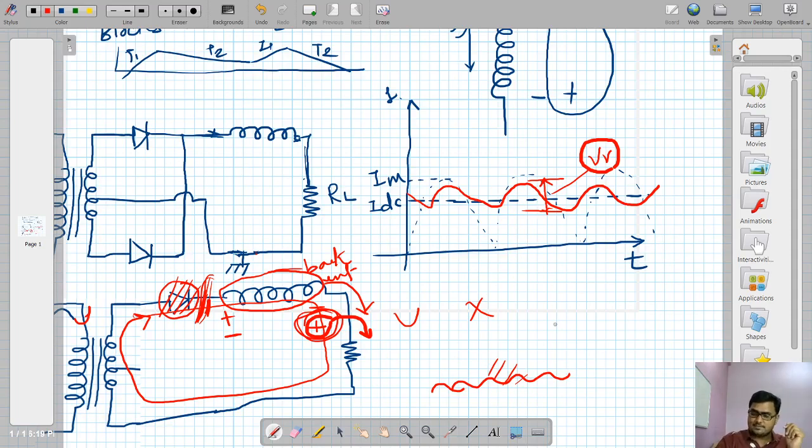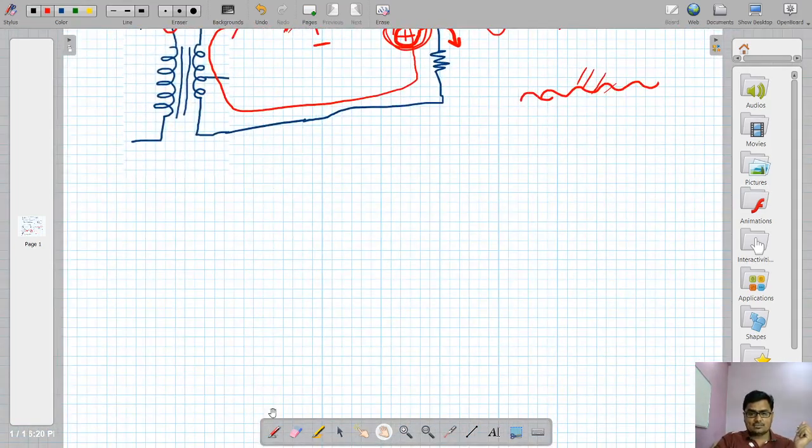So now it is our job to calculate how much ripple is available, what is the amount of AC components present in the output of the full wave rectifier and inductor filter. Is it? So the next part is the calculation of ripple factor.